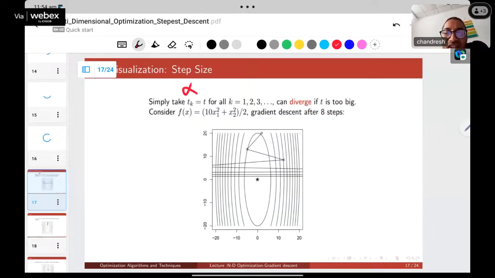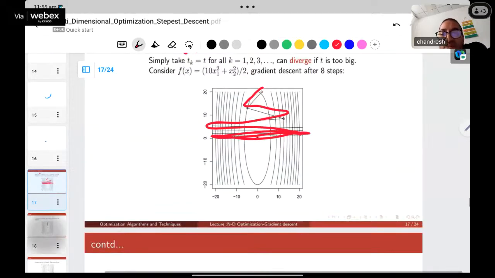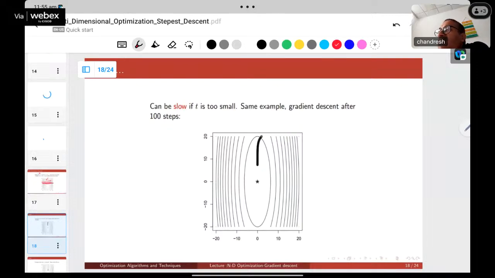If you set alpha really large, you will bounce back, move around the minimum, and it takes many steps to converge. If you set alpha really small, baby steps, so many small steps will be taken to reach the minimum.